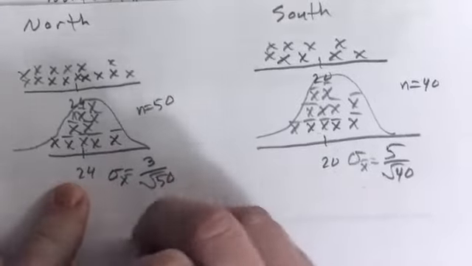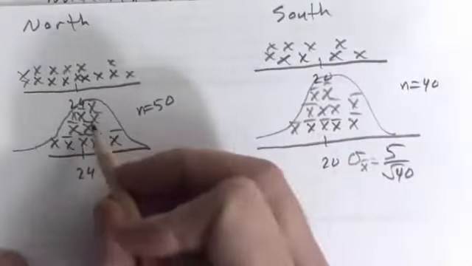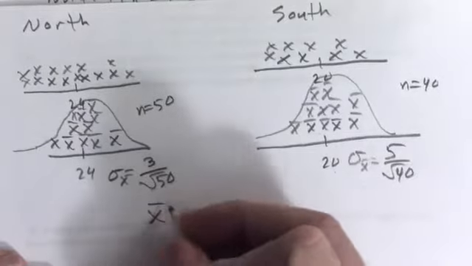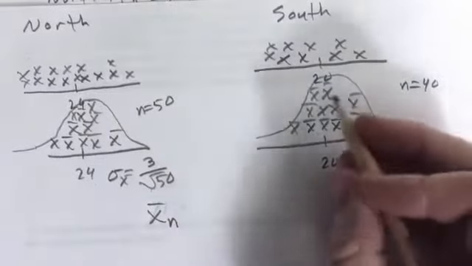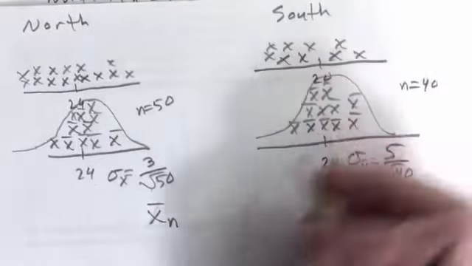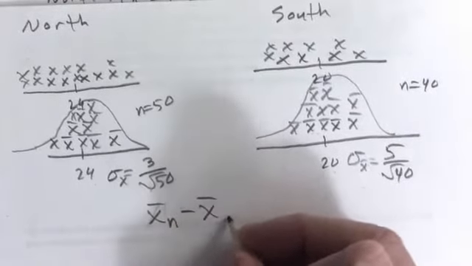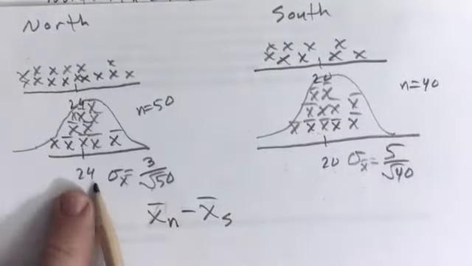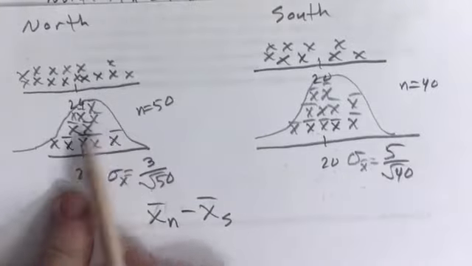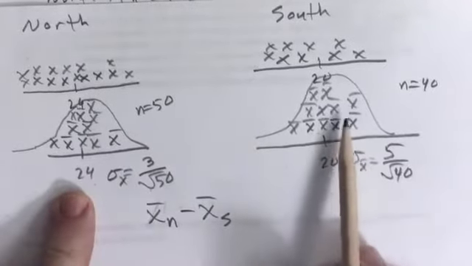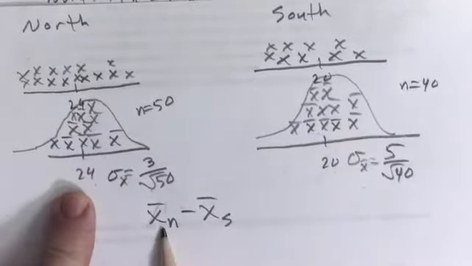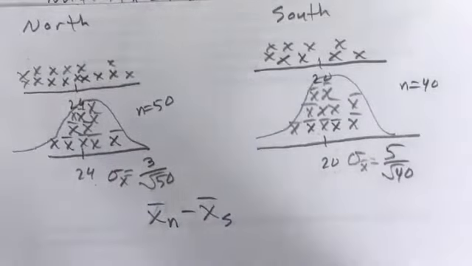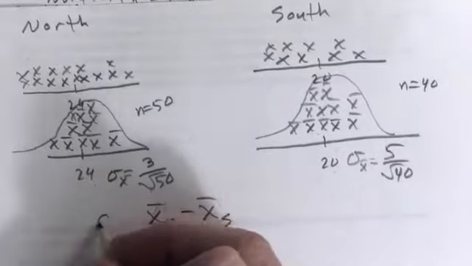But what we're doing is randomly selecting one of these x bars from the north, and randomly selecting one of these x bars from the south, and subtracting it. Now we're expecting it to be like 24 minus 20, but there's variability in these x bars, and there's variability in these x bars. So this is going to be somewhere around 24, somewhere around 20. So it's going to be somewhere around 4, but not exactly. And we would call that a difference.